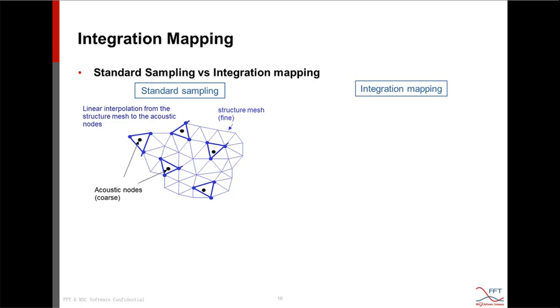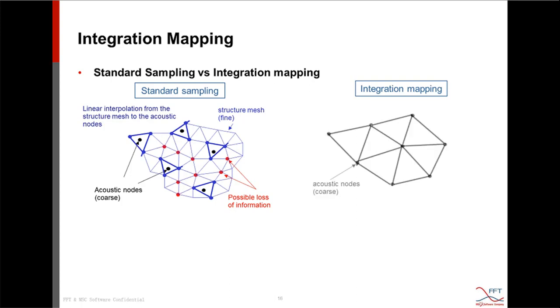So when we use the standard sampling method, the acoustic nodes are located in different structure meshes, but you can see not all the structure mesh will have some acoustic node inside it, and consequently some possible information loss is expected in the sampling approach.